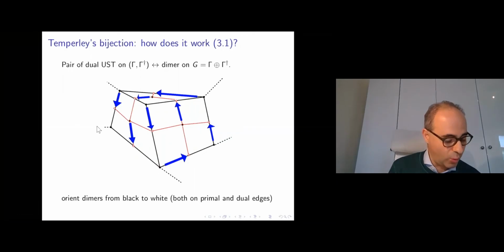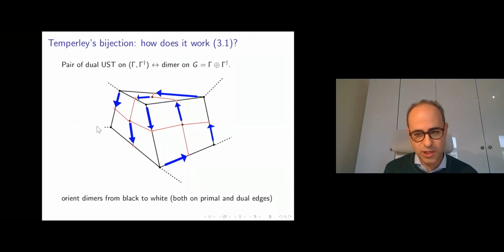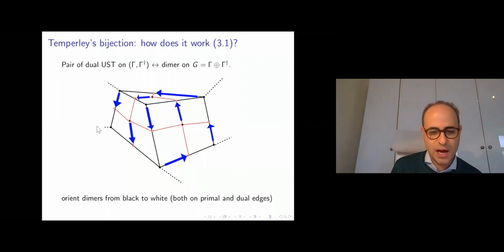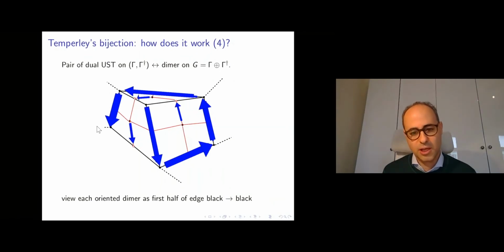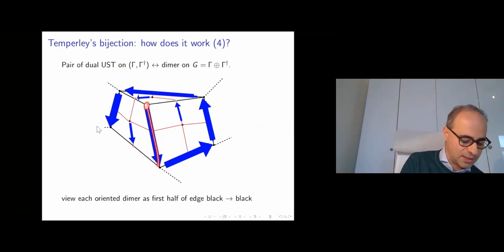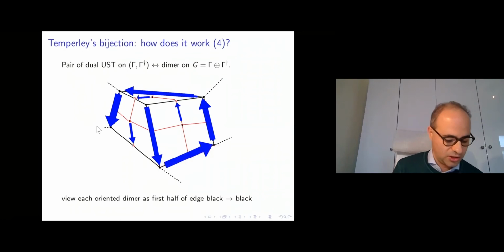Once I have done this orientation, I can think of the dimers as little arrows. And what I'm going to do now is just double each of these dimer edges. I interpret a dimer edge as the first half of an edge that now connects black to black. Like there was a dimer here, and instead of this dimer, I now have this doubled edge, and it goes from black to black.